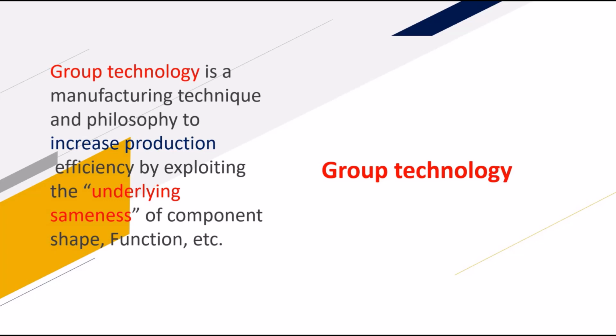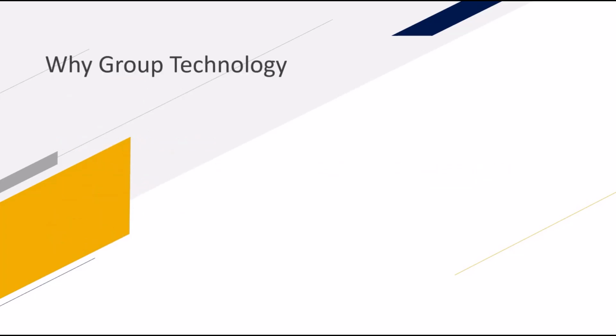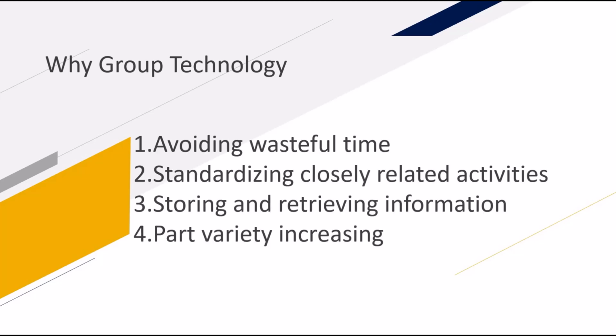Now we know why all manufacturing industries are showing more interest in adopting group technology. The first and important advantage is that by performing similar activities together using group technology, it helps to avoid wasting time in changing from one unrelated activity to another. The second is by standardizing closely related activities, thereby focusing only on distinguishing differences and avoiding unnecessary duplication of efforts.